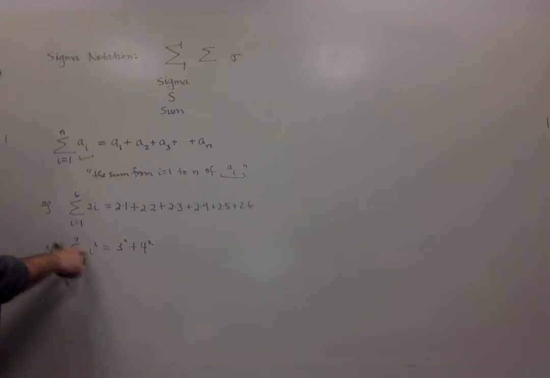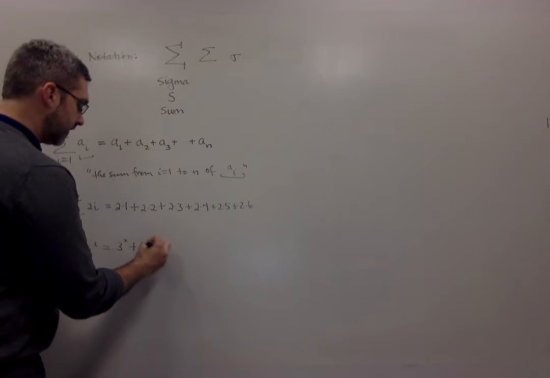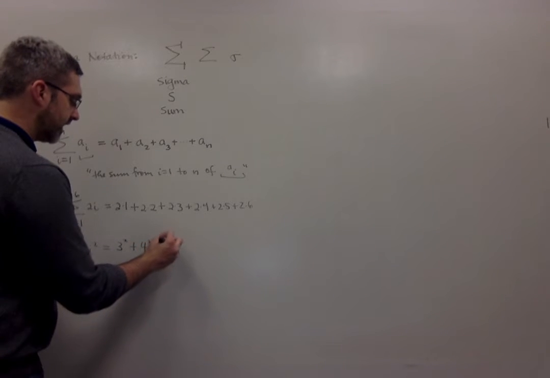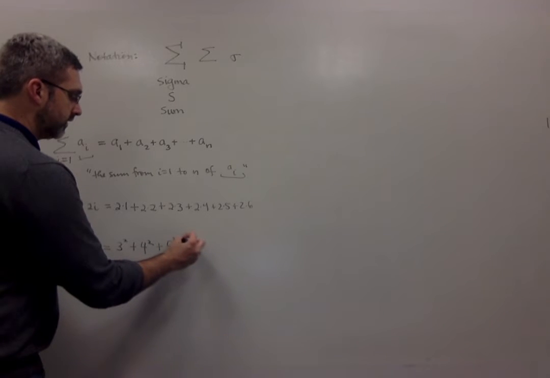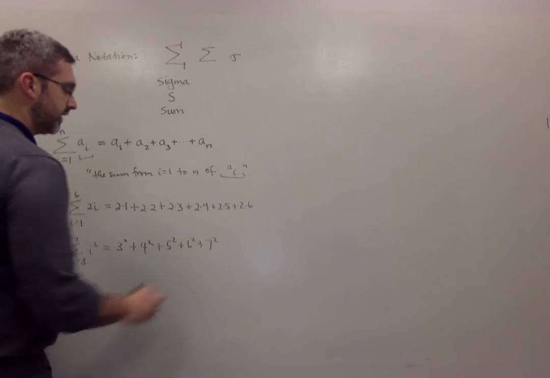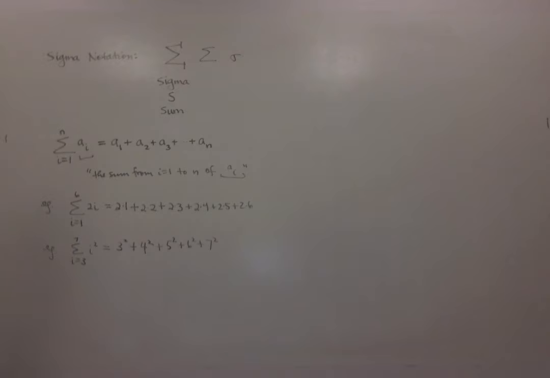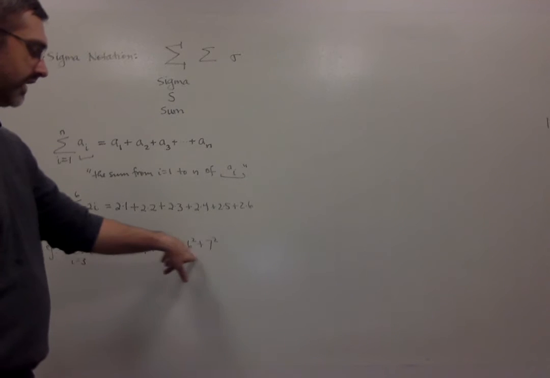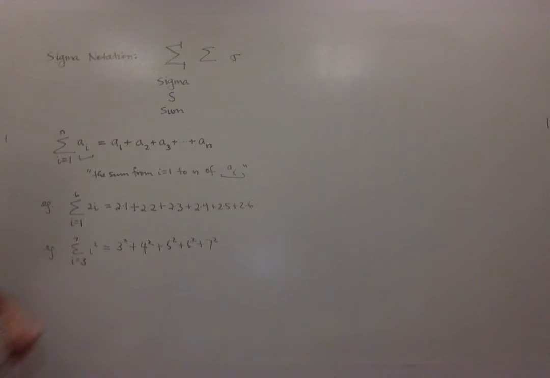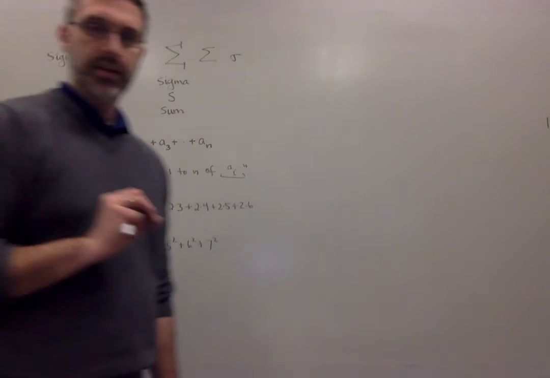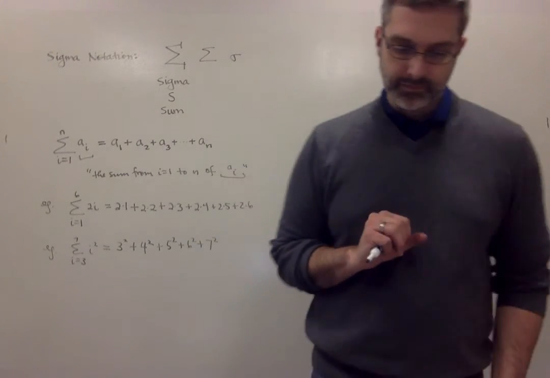Again, wherever there's an i, I'm sticking that number in. Then I'm going to go plus, because it's a sum, then I go up again, 5 squared, 6 squared, and then plus 7 squared. So wherever there's an i, start at this number and go up to this number, and I'm substituting that in with sums in between because there's a sigma there. Okay?